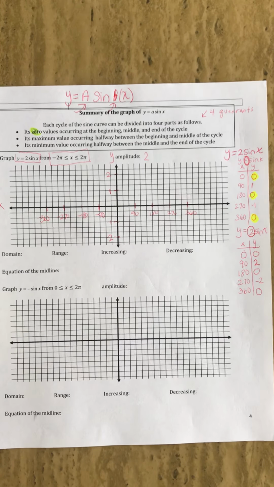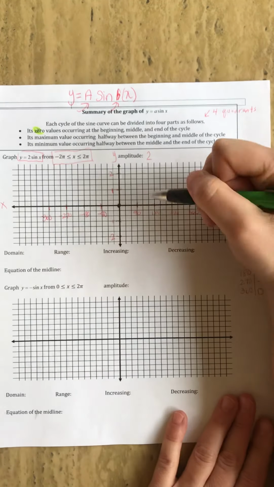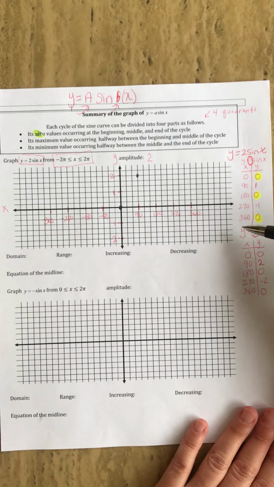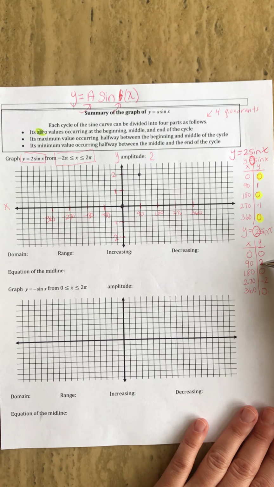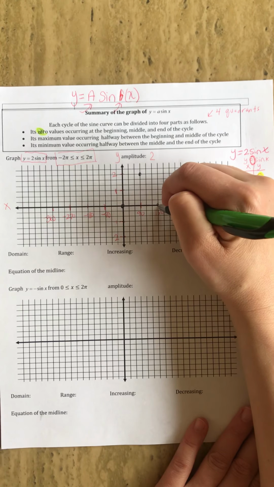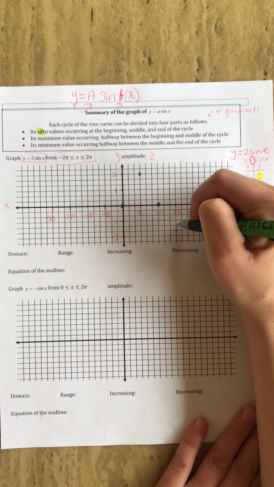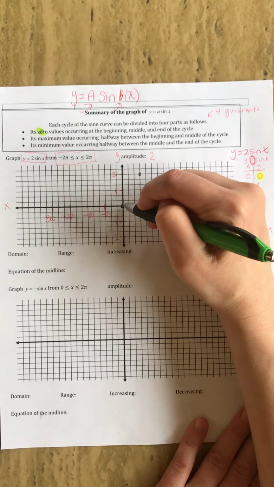Okay, now we can go ahead and start graphing. We're going to start at 0, 0, at 90 degrees. Y is equal to 2 sine x is going to be at 2, at 180 you're going to be back down to 0, at 270, -2, and then back to 0.